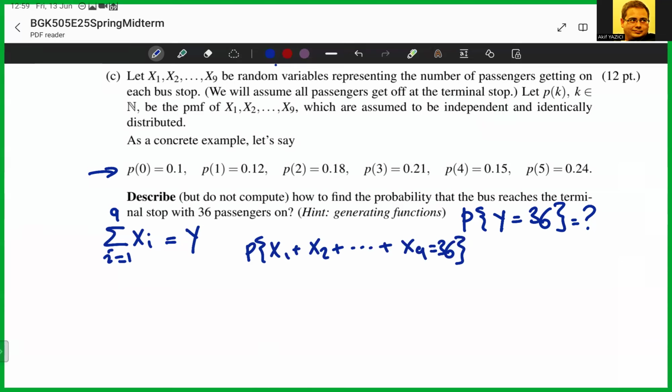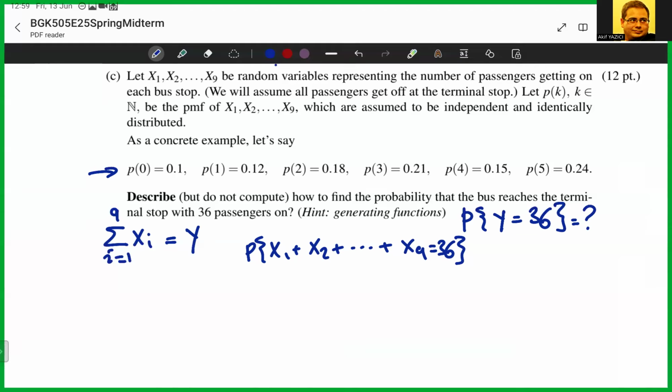So for instance, 2 plus 0 plus 4 plus 1 plus 5 plus 0, and so on. For all 9 stops, you assign numbers that add up to 36. But you have to do this for all possible combinations of numbers assigned to the 9 stops that make up 36. So this is extremely tedious and next to impossible to accomplish on pen and paper.